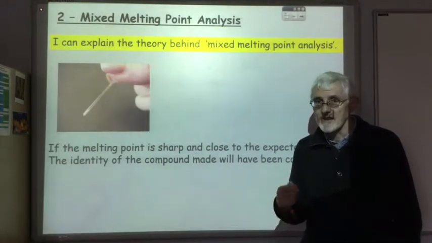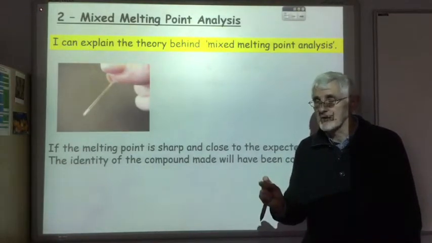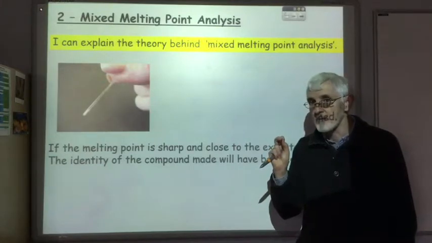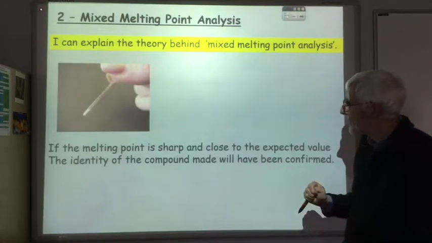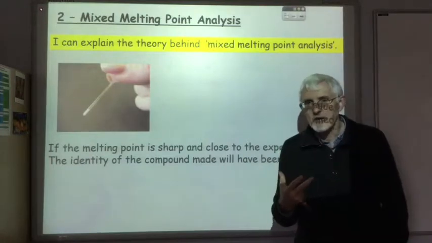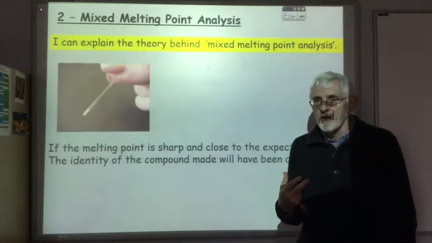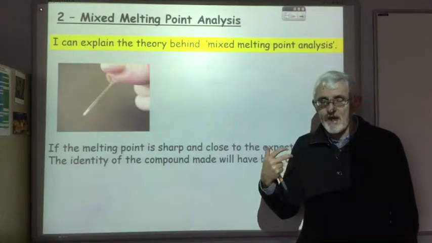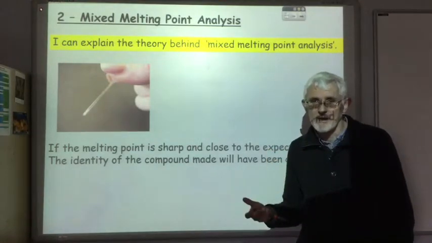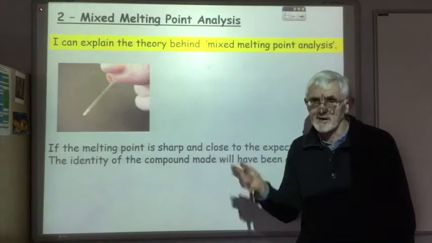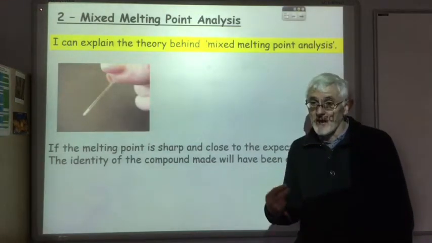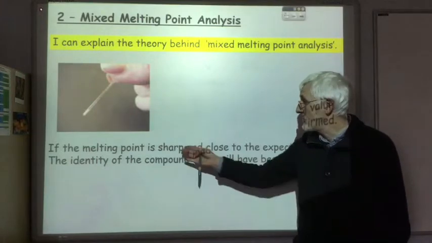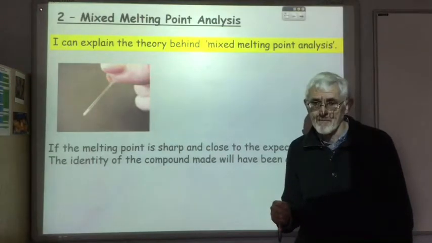If our synthesized aspirin is identical to the bought aspirin, let's think, the pure aspirin melts at say 120. I'm not sure if aspirin does melt at 120, I'm just making that figure up. And the product we've synthesized melts at 120, so we get a good sharp melting point at 120.